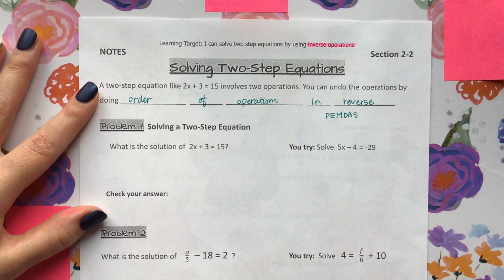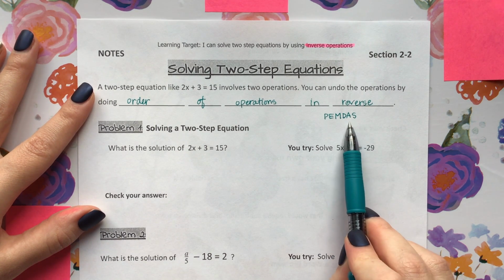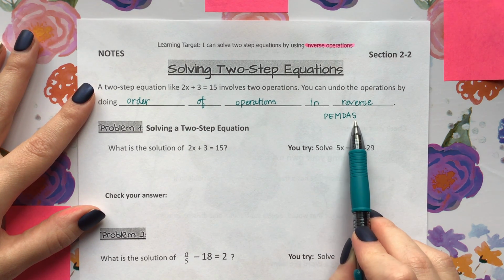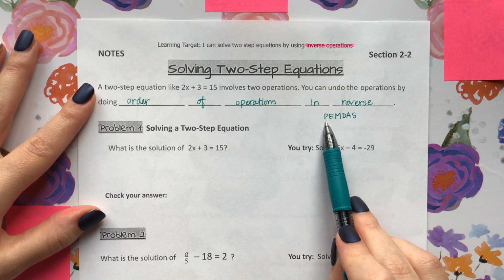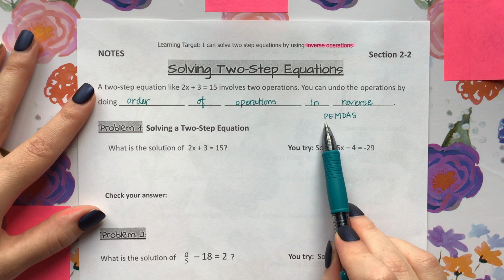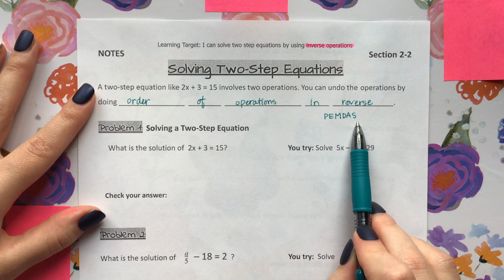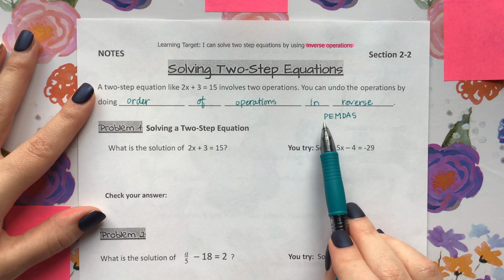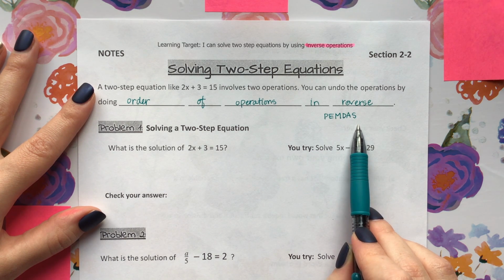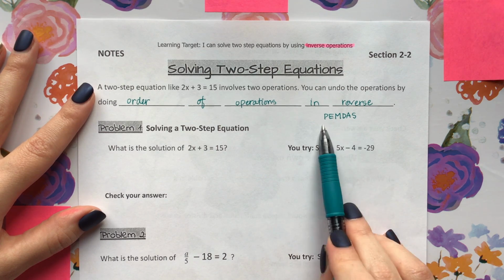When we're trying to solve for a variable, we add and subtract first, then multiplication and division, then exponents, and parentheses and grouping symbols. We start at the back and work our way to the front. If we're just simplifying, you do PEMDAS the forwards way, but when we're solving and isolating a variable, we do PEMDAS backwards.